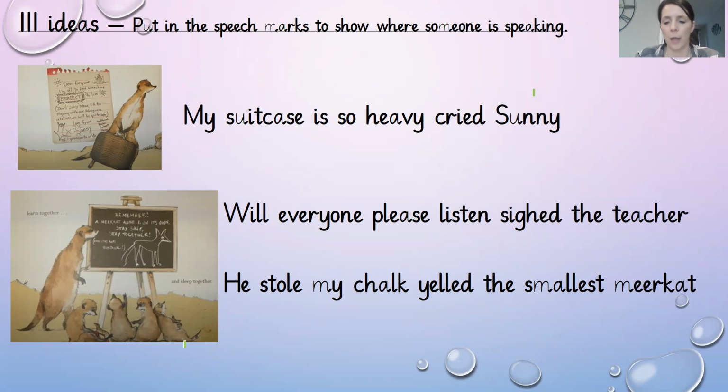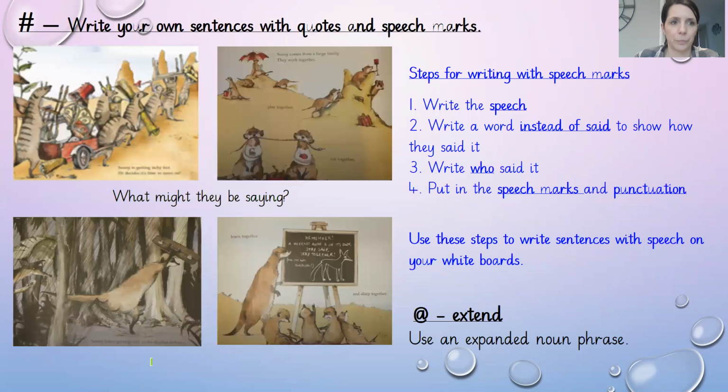If you want to have a go at the next activity, the relate, then you can carry on listening. So the relate activity is similar to what I was doing just now to show you. You are going to write some sentences with quotes and speech marks. So I want you to write a few sentences, probably at least 4, 1 for each picture.